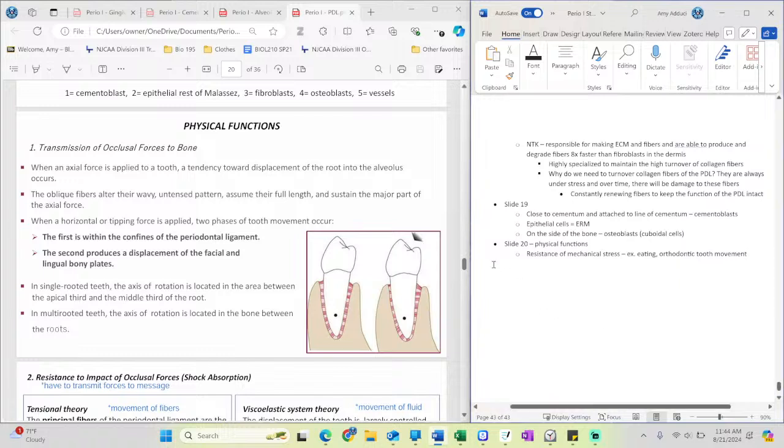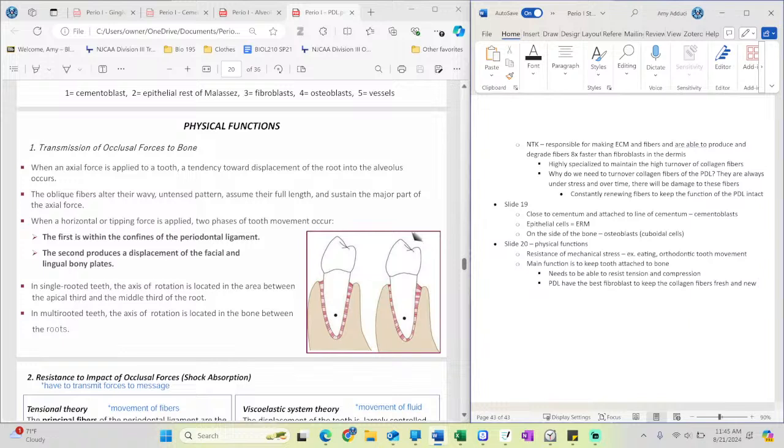Just remember that the main function is to keep the tooth attached to the bone. To do that properly, it needs to be able to resist tension forces. In order to do that, the PDL has the best fibroblasts in the body to keep those collagen fibers being fresh and new.